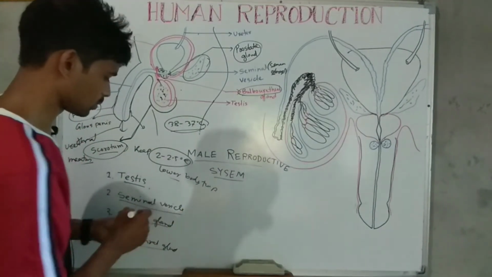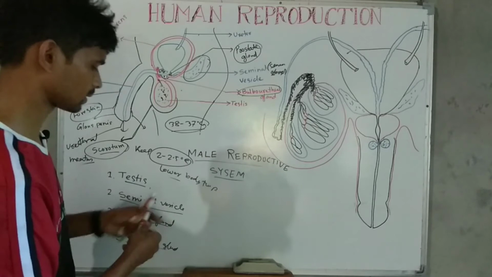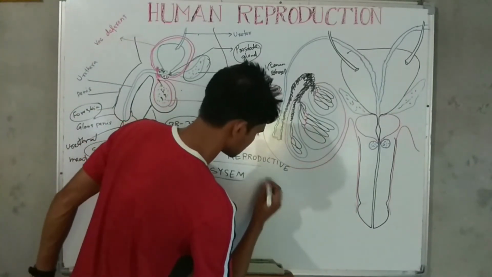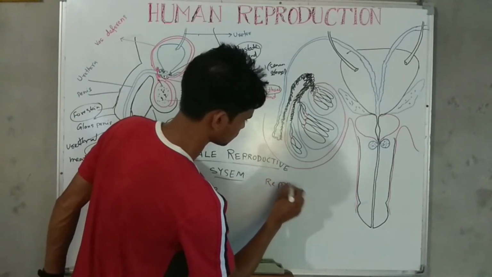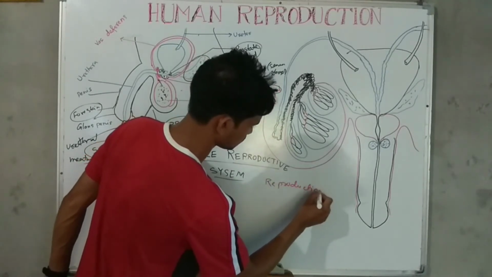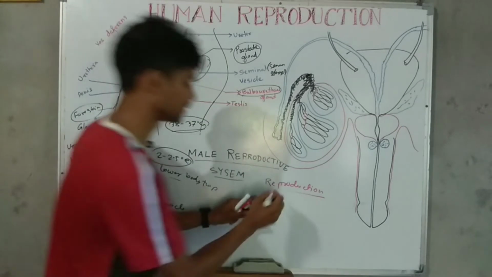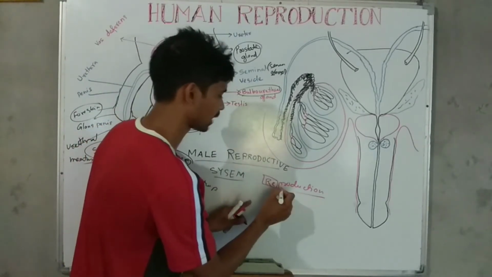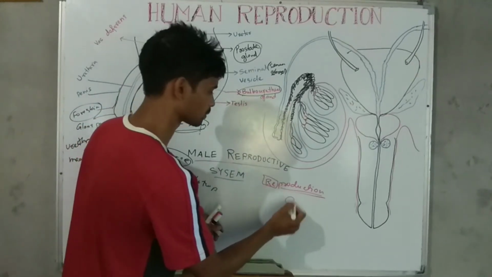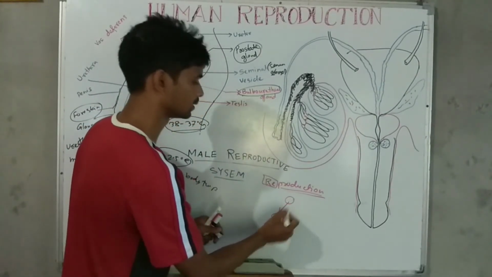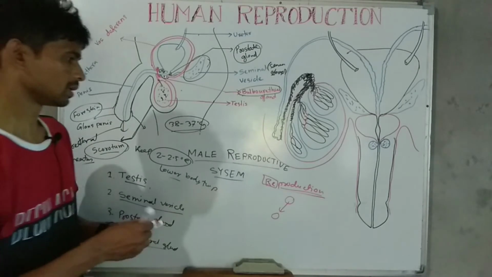Some terms we'll learn about, like spermatogenesis or reproduction. Reproduction means re, again, and production, to produce again. That means to produce from one to another. This is called reproduction.